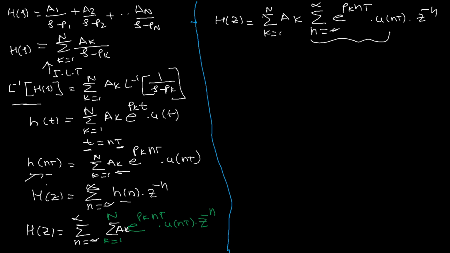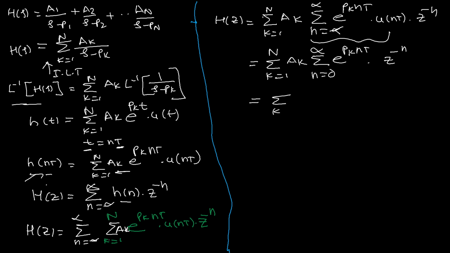Here you know that u(nT) is 1 from 0 to infinity, and from minus infinity to minus 1 it is 0. So we can write this as the sum for k equal to 1 to n of Ak, the sum now from 0 to infinity of e to the power Pk nT. Since u(nT) is 1 for this range, the remaining term is z to the power minus n.